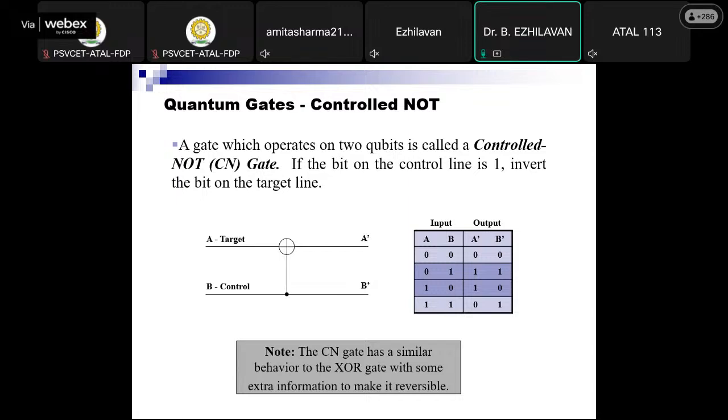Similarly, if B is 1, A will be inverted. Similarly, here also B is 1. Similarly, A is inverted, 1 to 0. This is in the controlled NOT gate.